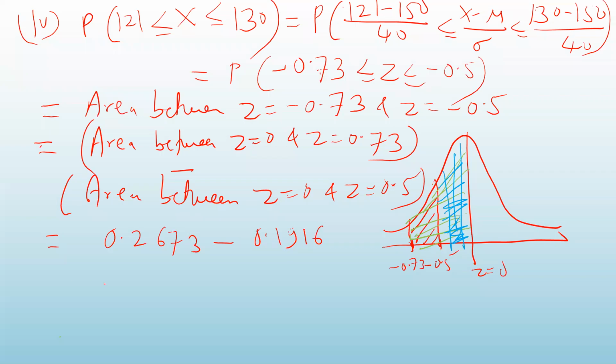Now find out this. So 0.2673 minus 0.1916. That is equal to 0.0757. So the probability that X is between 121 and 130, it is 0.0757.